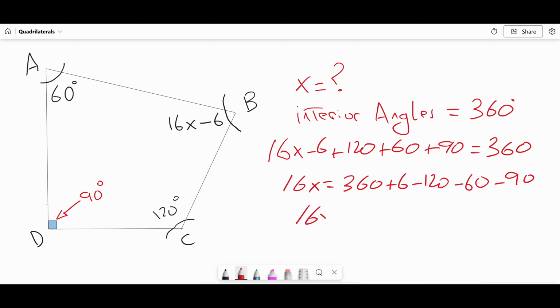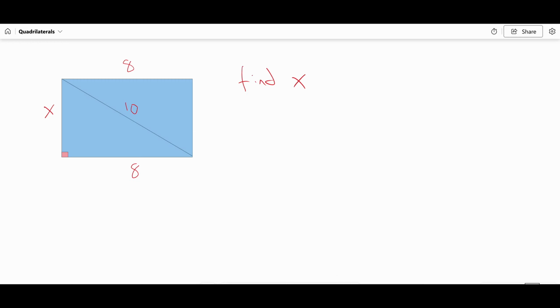So let's use our calculator: 16x is equal to 96. Let's divide this by 16, and we have that x is equal to 96 divided by 16, and x is equal to 6.